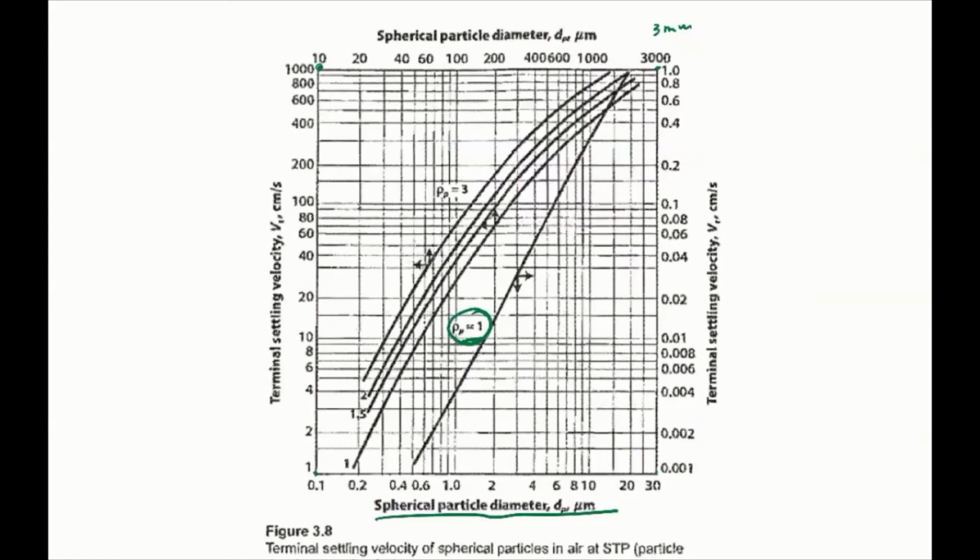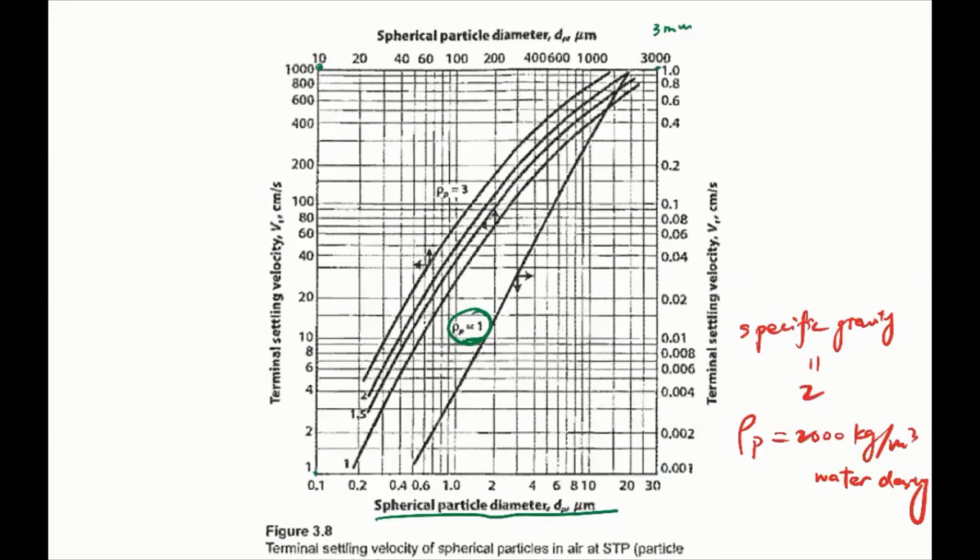People also call this specific gravity. So if the specific gravity equals 1, it just means that the particle density is 1,000 kilogram per meter cube, which is water density. Okay, if it's equal to 2, then that's going to be 2,000.